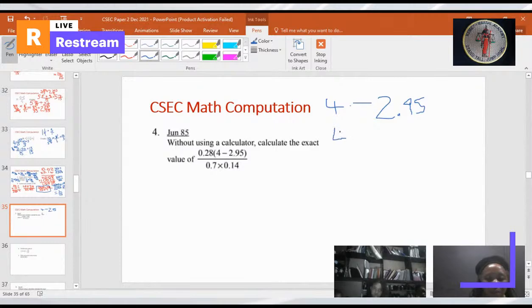So we can set out the 4 and the 2.95. When I look at it though, I'm seeing where we can cancel something. We can cancel the 0.7 and the 2.8, which we can change to 7 and 2.8.